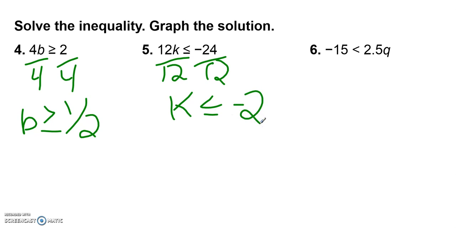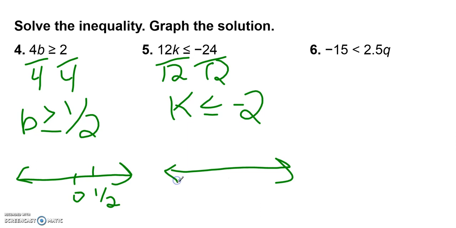And then I'll let you do the last one, so please do that. 0, 1/2, and then this is 0 and -2. So we have both being closed circles, but in this first one, b is greater than, and in the second one, k is less than.